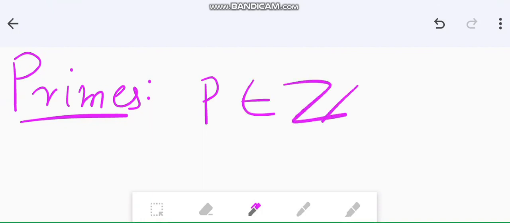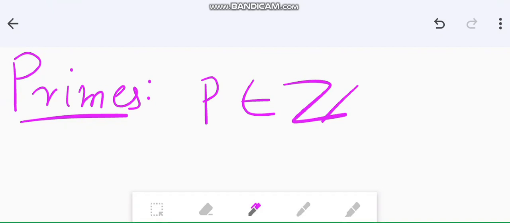Now suppose an integer. Let's suppose the integer to be p. Now p is an integer, so it belongs to capital Z. This is the symbol for integer.